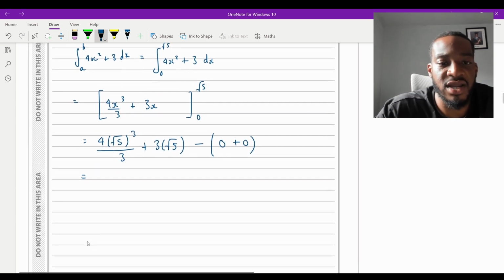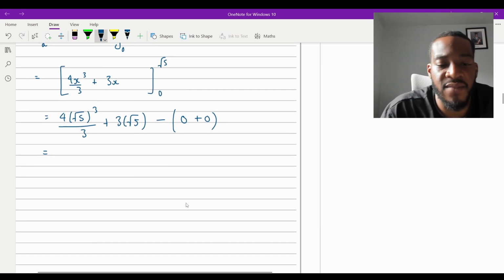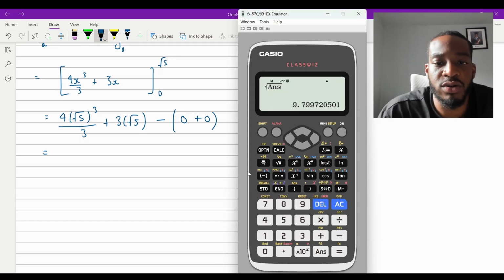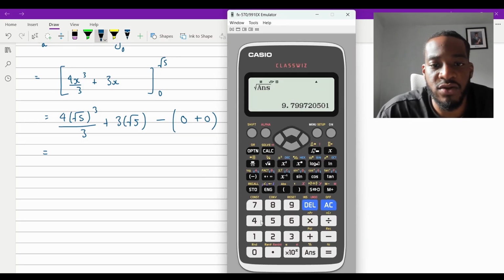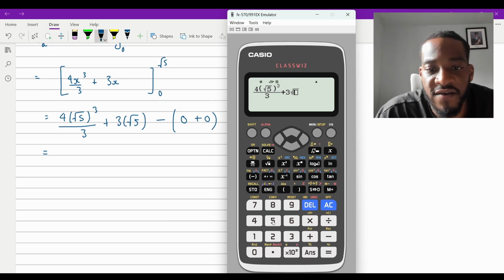Now, if I put this into my calculator, will this simplify it for me directly? It may or may not. Let's have a go. So I'm going to do 4 over 3, with root 5 cubed, plus 3 root 5.